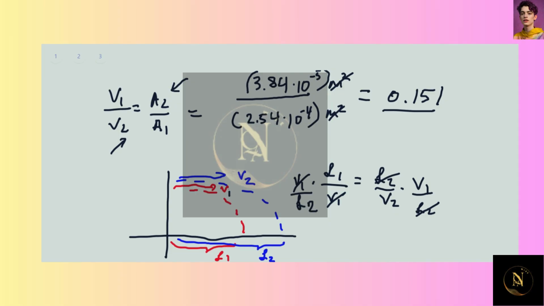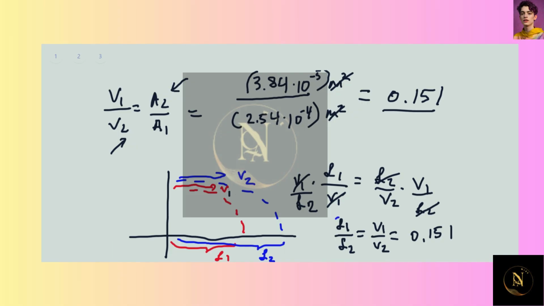So in this situation, we have L1 over L2 is going to be equal to V1 over V2. Now we know that that ratio is going to be equal to 0.151.